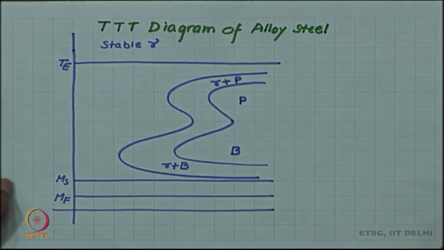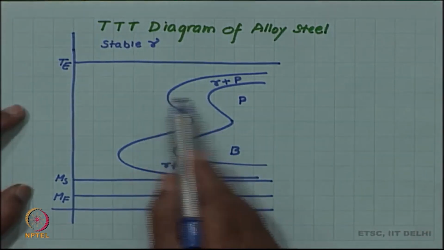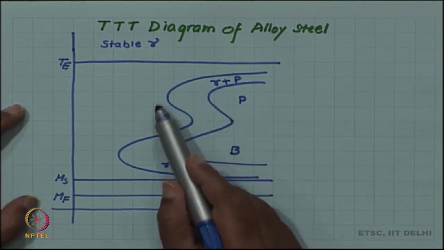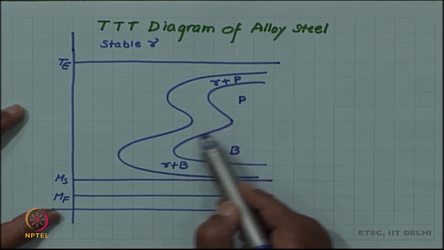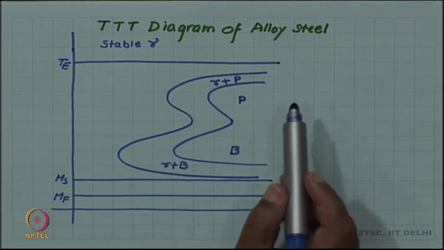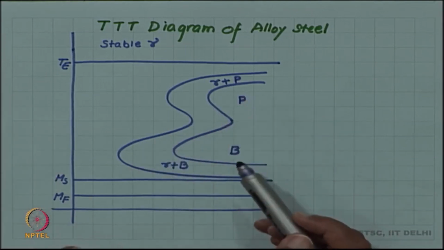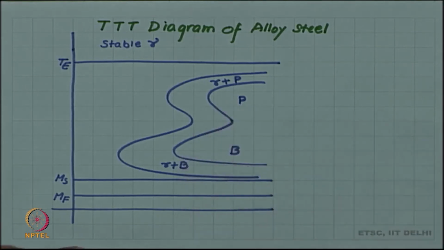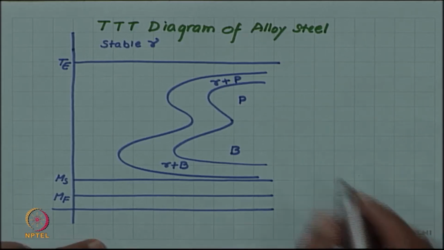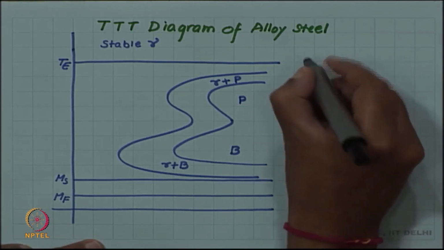First of all, you see that instead of a single nose which was there, we now seem to have two noses. So, there are two separate C curves, that is, the C curves for pearlite and bainite have been separated. So, this is the first effect of alloying, that there are separate C curves for pearlite and bainite.